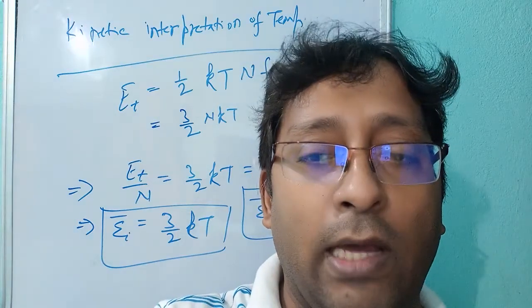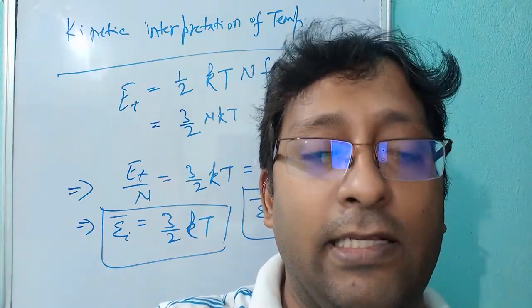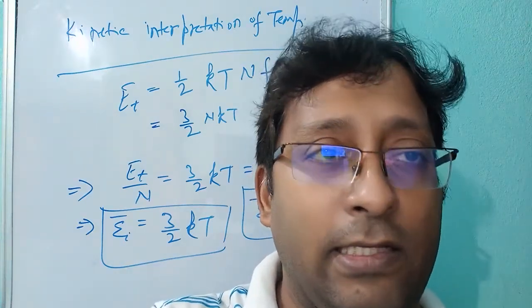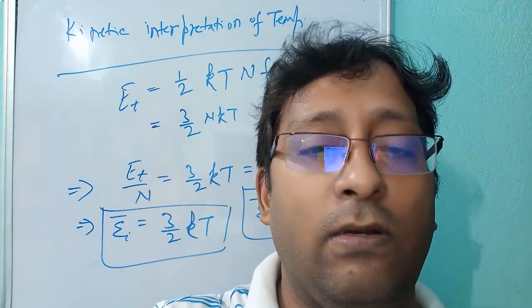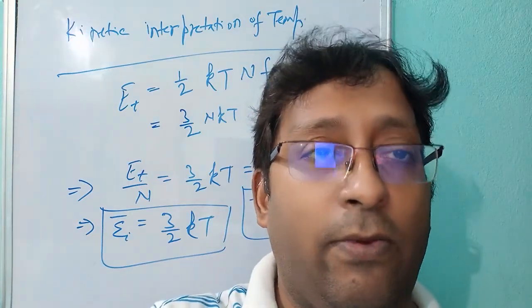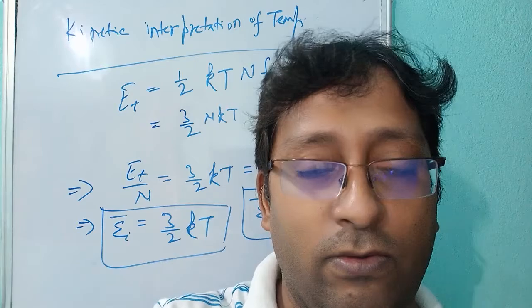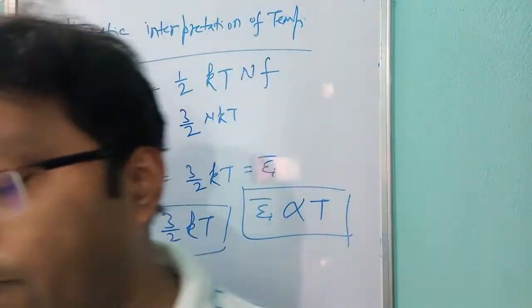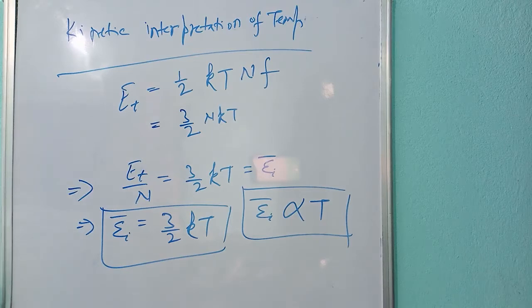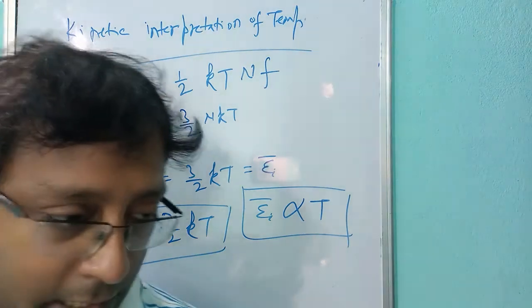In other words, you can also say the average kinetic energy of translation of each molecule of a gas is 0 when the absolute temperature is 0. Okay. So this is the physical interpretation of temperature from the kinetic theory.